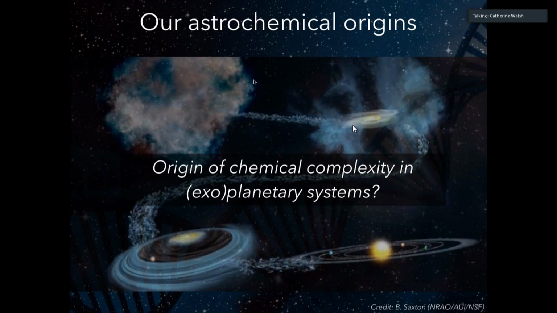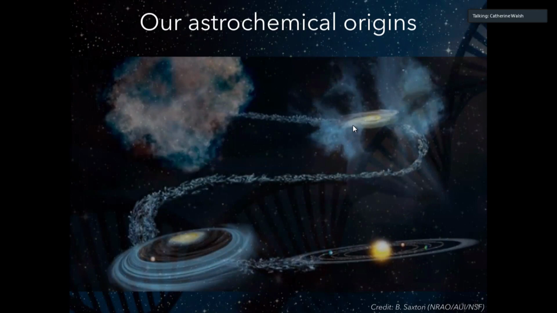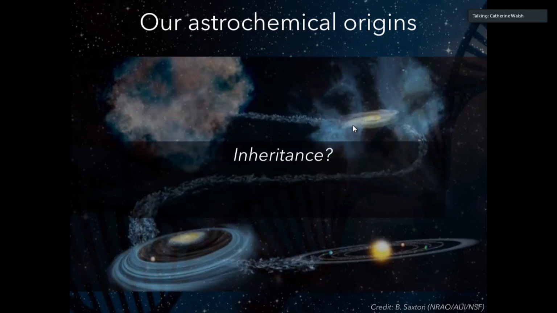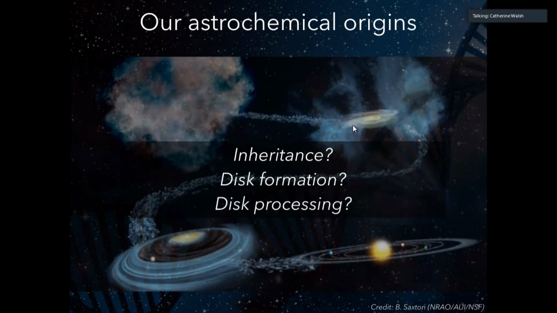star formation process? And there are various different theories that are discussed in the literature, such as some of the material from the dense cloud phase is fully inherited by the protoplanetary disk and indeed can make its way into comets. During the disk formation stage, it's possibly modified en route through the envelope as it's exposed to energetic radiation from the young protostar forming in the center.